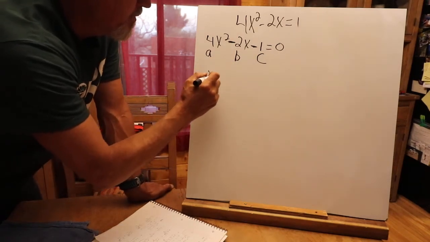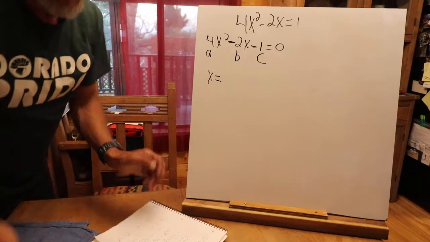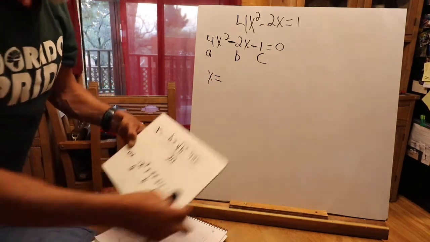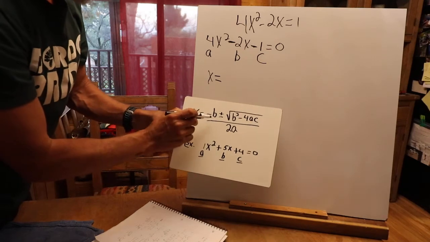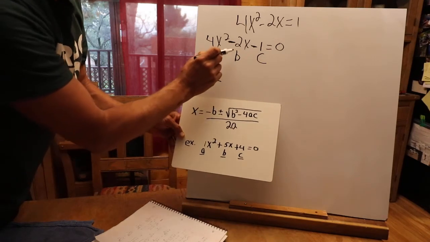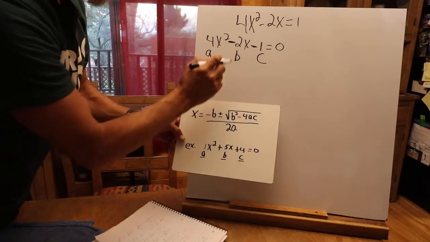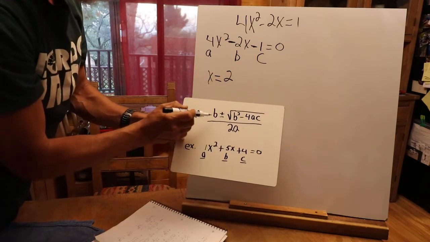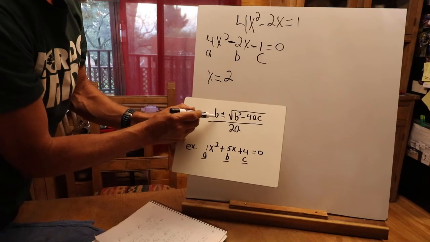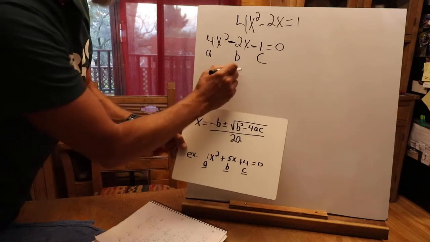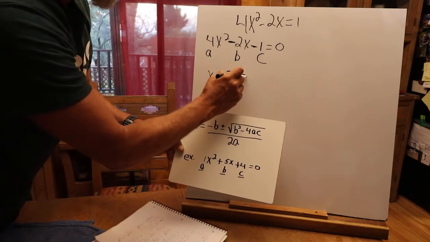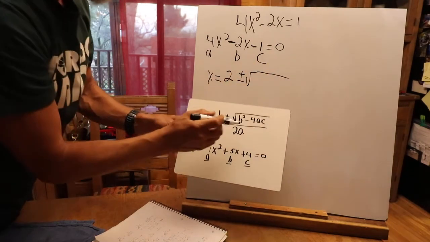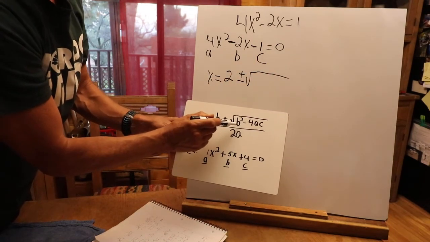It's x equals, now remember what the formula is. I'll put it right here. It's negative b, so my b is a negative 2. So I put a positive 2 because it's negative b, so you have a negative and you put a negative 2 in there. Plus minus, square root. The next part of the formula says b squared.